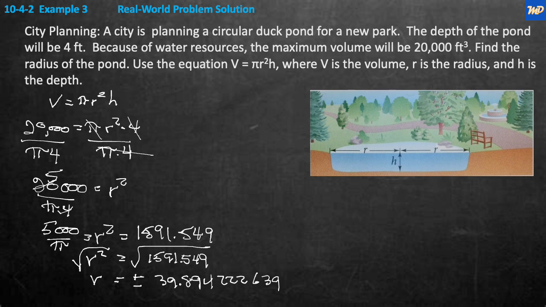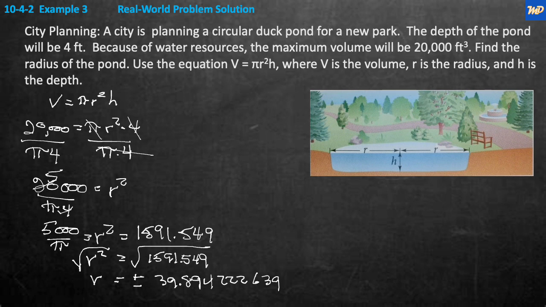Okay, so what we're going to say here is that the radius of this pond is 39.9. What kind of answer do we want? I'm going to say that we probably want just the full answer, I guess, is what they're asking for in the book. So that's it.